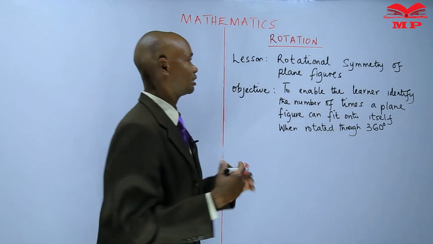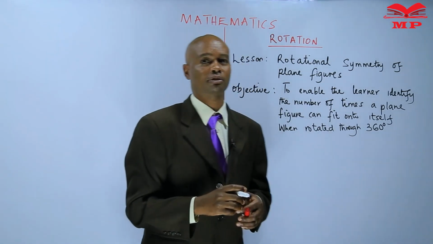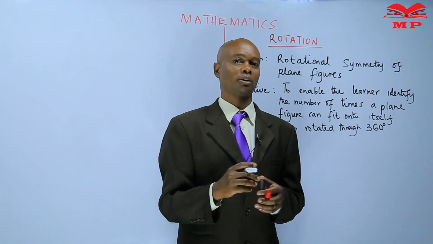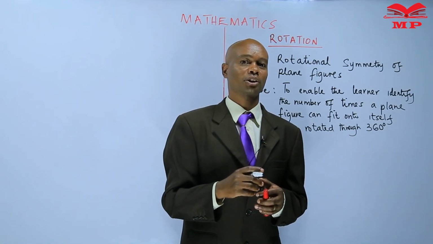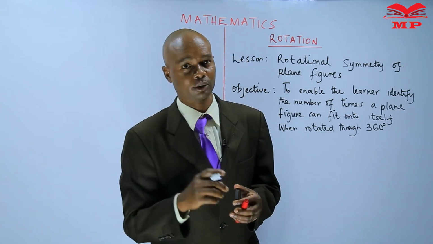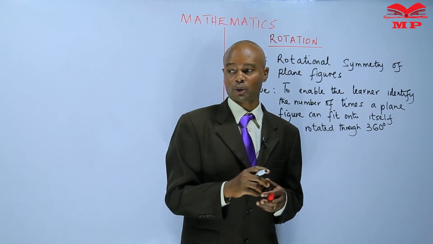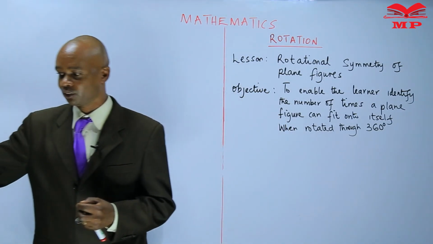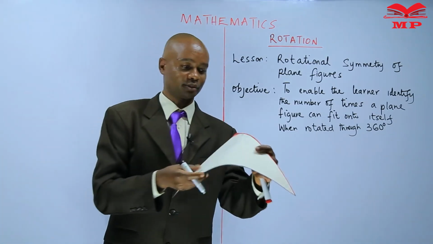The number of times it will fit onto itself after the complete 360 degrees is what we shall call the order of rotational symmetry. If it fits once, it is order one; twice, order two. The best way is to use an example. This is a triangle.